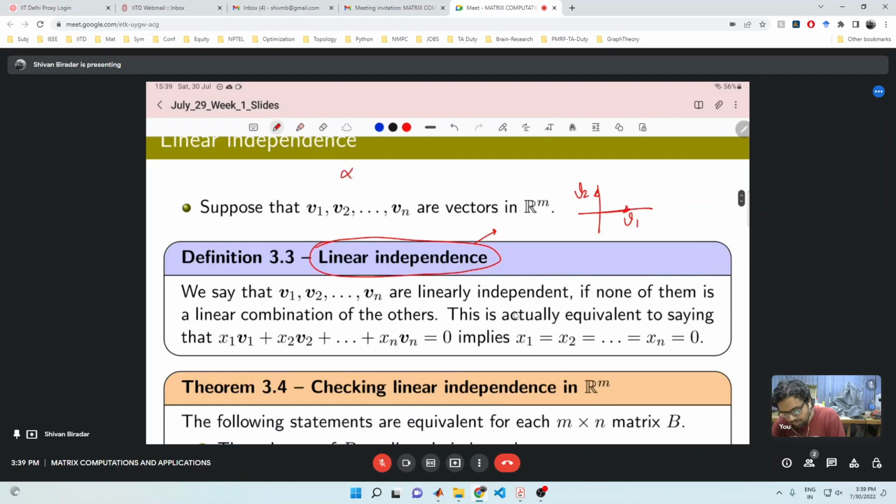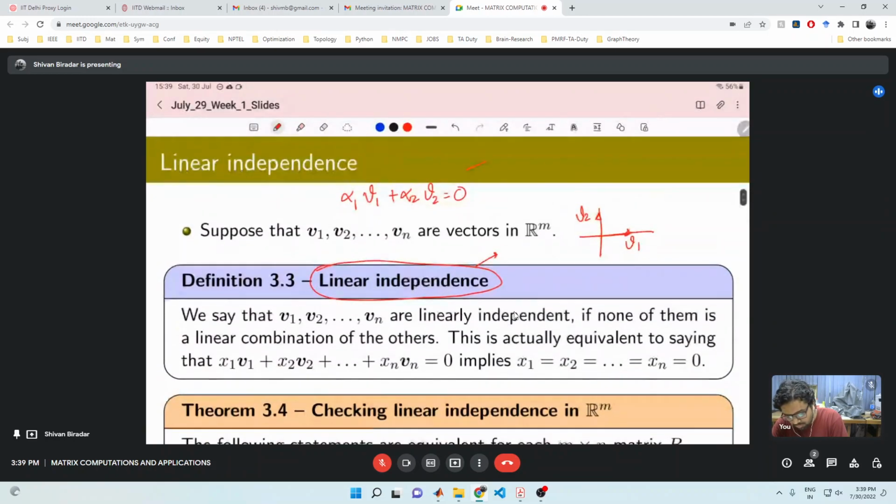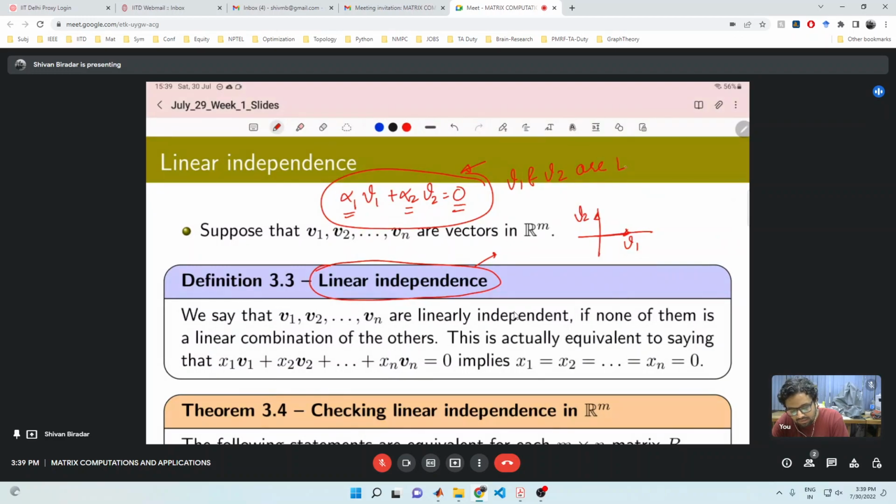You have to check alpha 1 v1 plus alpha 2 v2 equal to 0. For what values of alpha 1 and alpha 2 does this become 0? If this is true for some nonzero values of alpha 1 and alpha 2, then we say that v1 and v2 are linearly dependent.